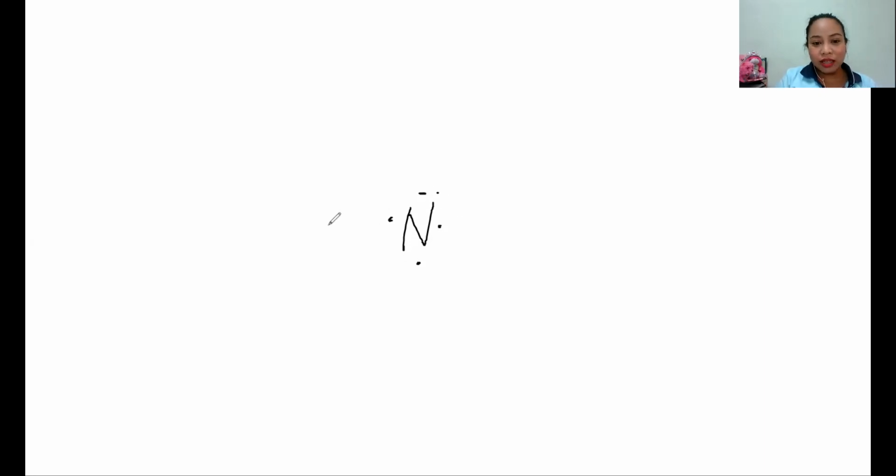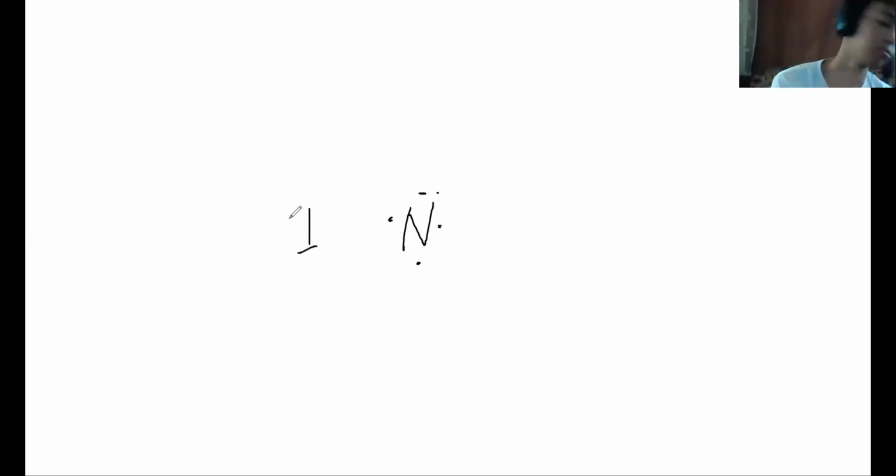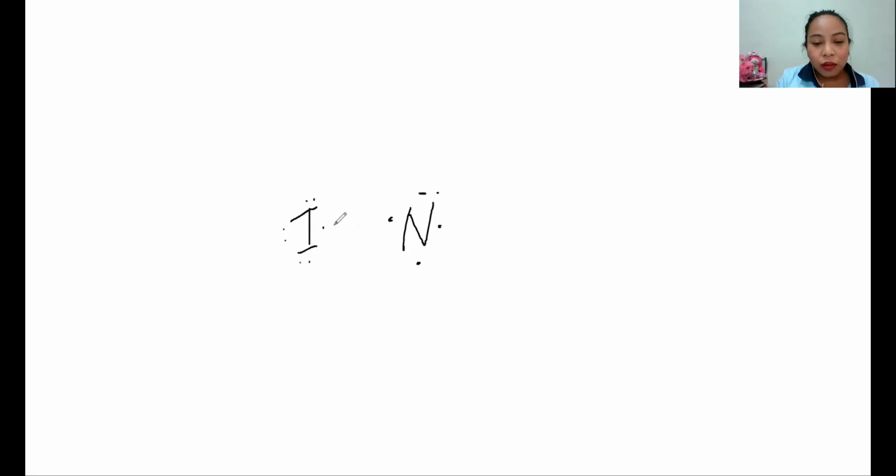Nitrogen has 5 dots, while iodine has how many dots? 7. Now, what do you think is the bond between the two? Is it ionic or covalent? Very good, covalent.